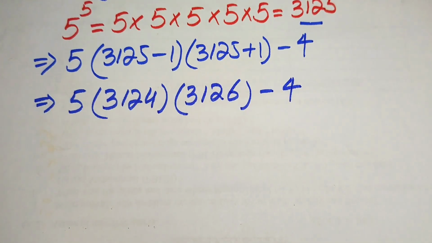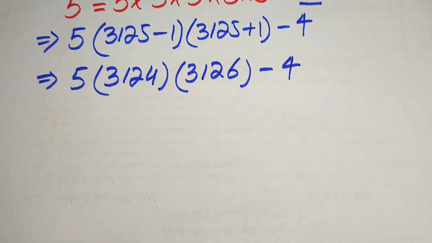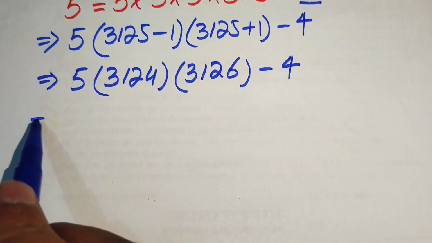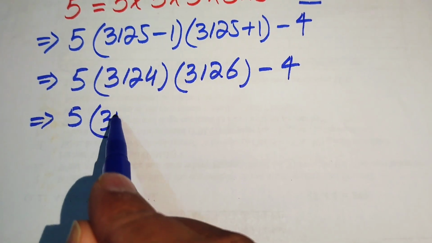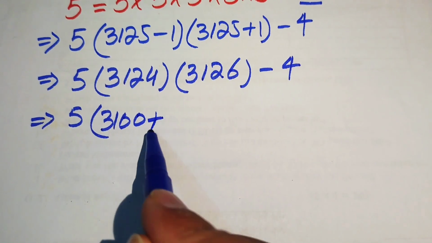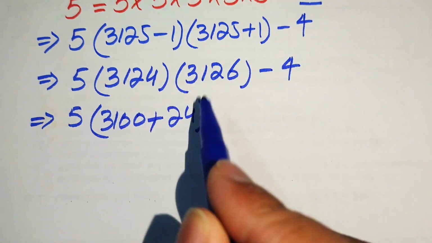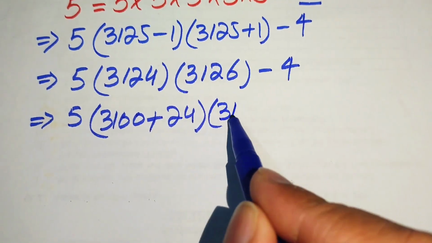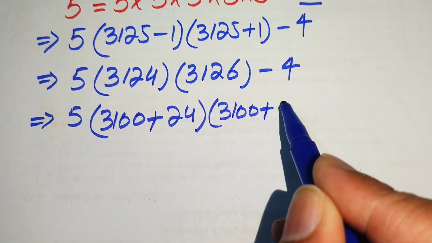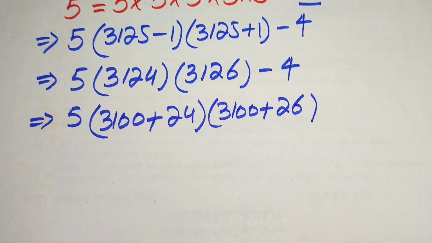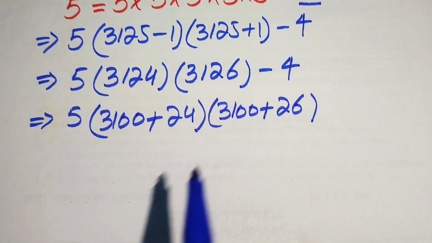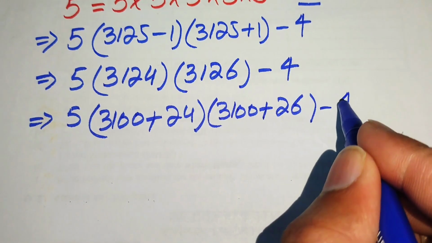After that we break these two numbers in this form: 5 into, we write this as 3100 plus 24, and we write this number as 3100 plus 26. So 3100 plus 24, 3100 plus 26, and this is minus 4.